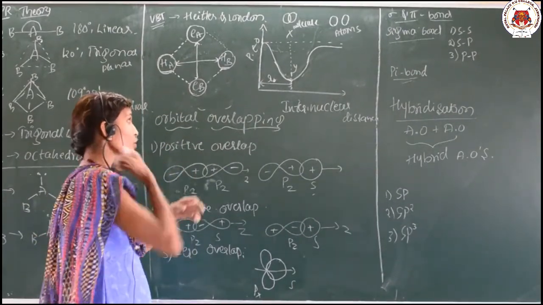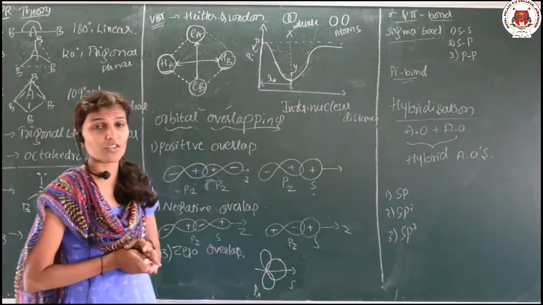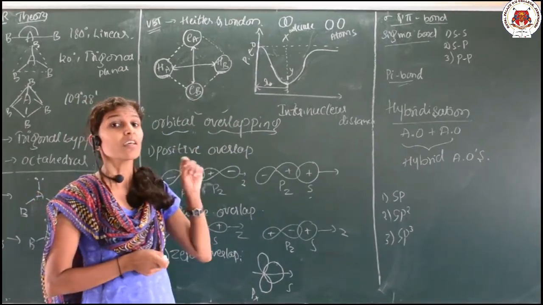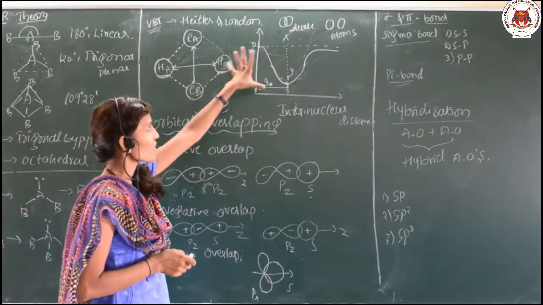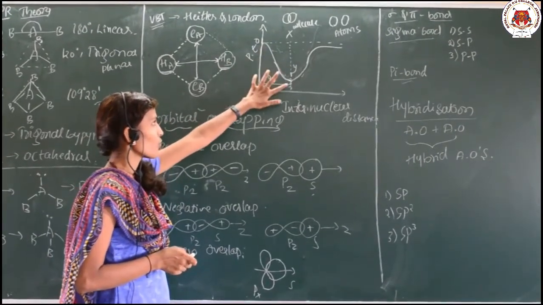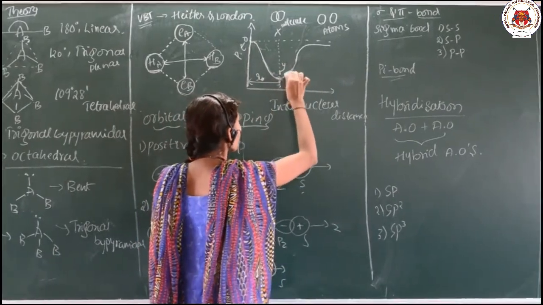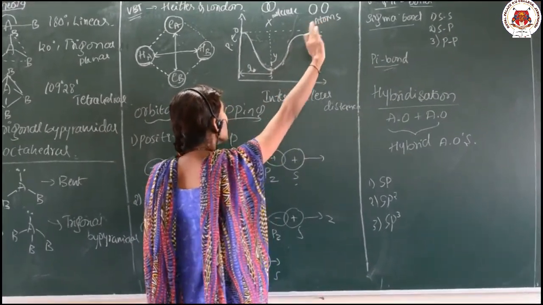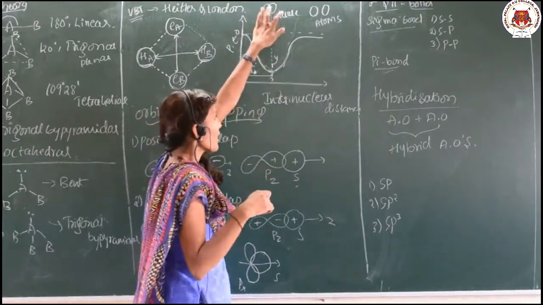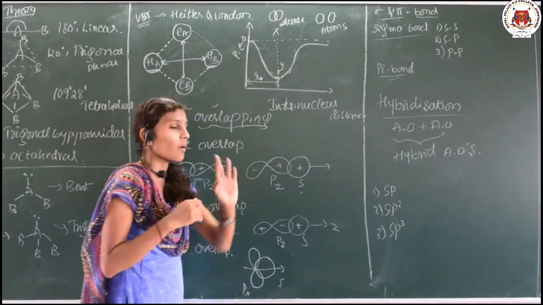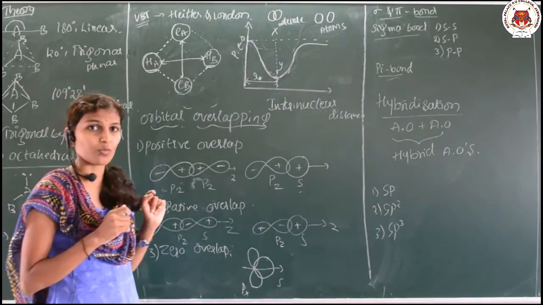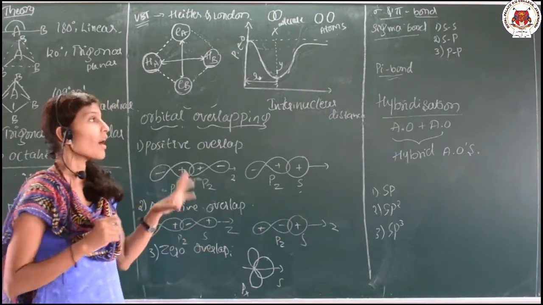During the formation of this molecule, minimum energy and maximum stability is gained. So, this is the graphical representation that we are going to draw. This curve shows the formation of the molecule. Here the atoms are far away, they approach, and at the internuclear distance they combine. There is a formation of the chemical bond between the atoms.